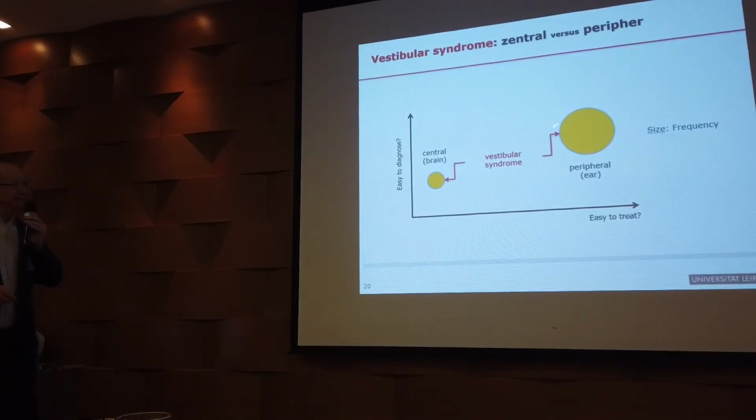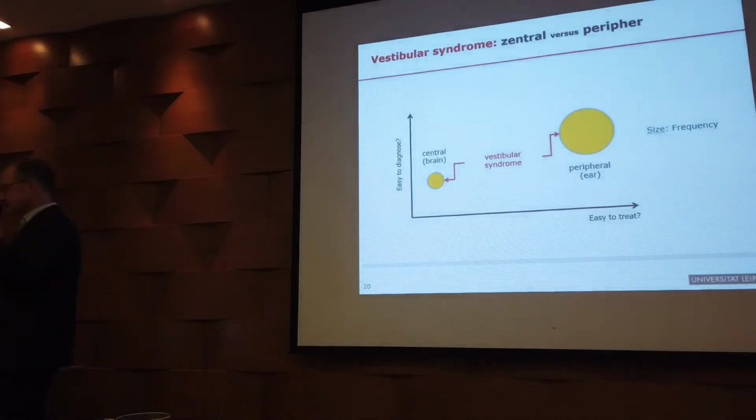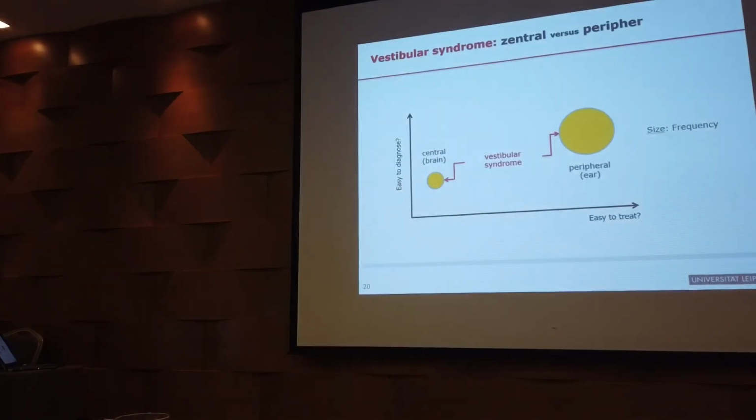The other thing is that, especially for a general practitioner, because it's higher up here, it's easier to diagnose. And it's probably even easier to treat because we are further up here. It's much more difficult to diagnose and to treat central vestibular disease. So I like this chart to illustrate how difficult it is to deal with the patients we have.